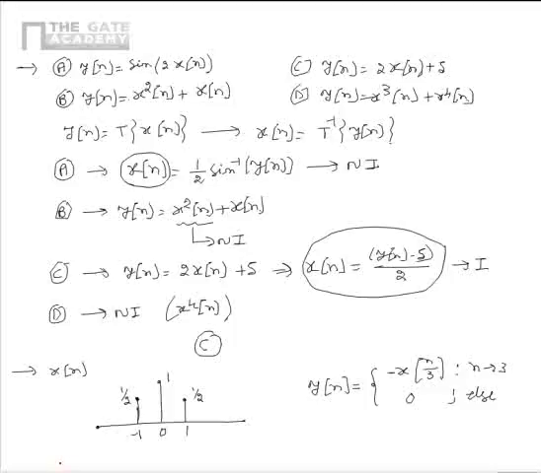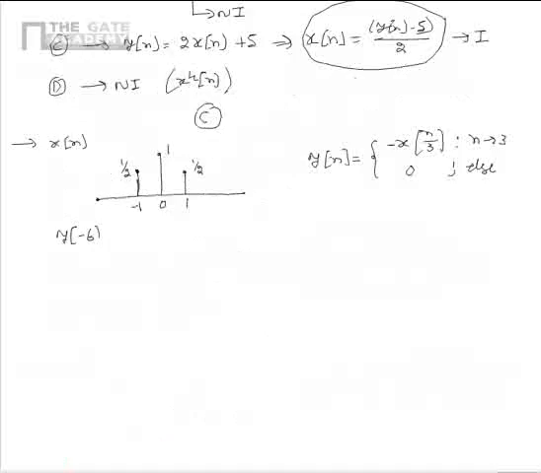So from this we can see that y of minus 6 is equal to minus x of minus 2, which is equal to 0. Similarly, y of minus 5 is equal to y of minus 4 is equal to 0, because minus 5 and minus 4 are non-multiples of 3.